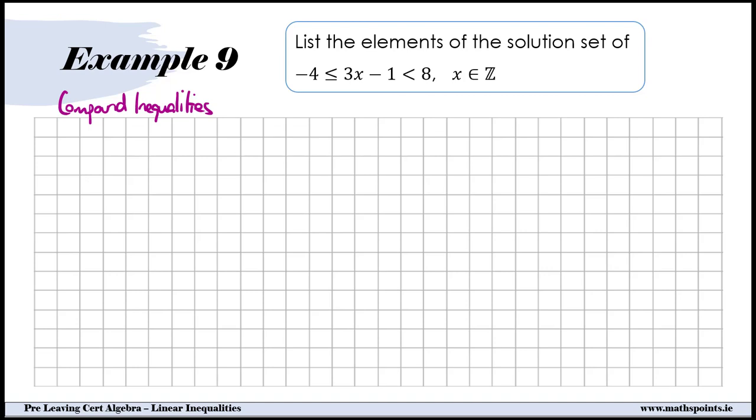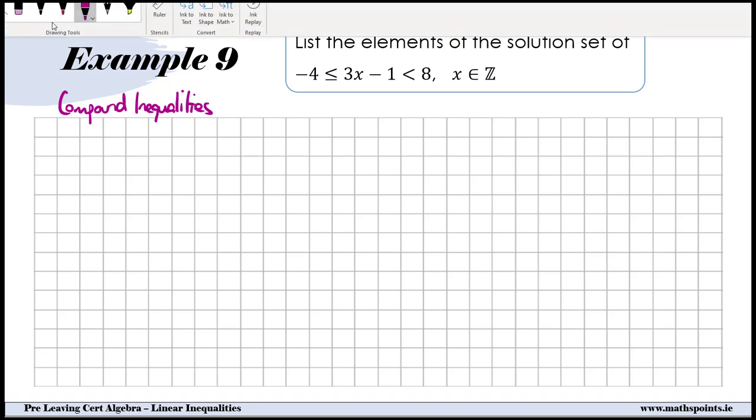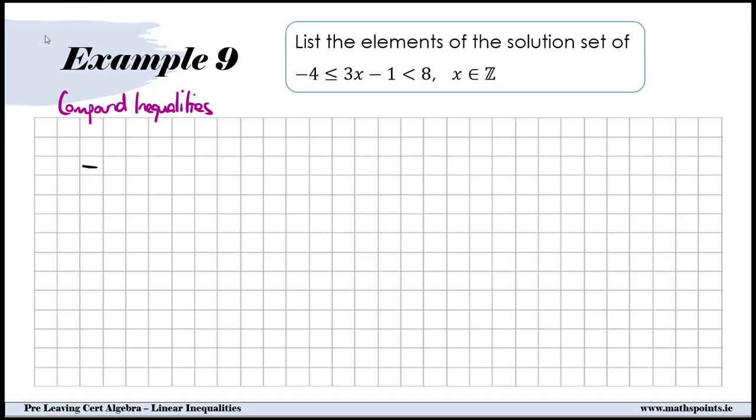So there's a couple of methods to doing this question. I'm going to show you the preferred method I use first, and then we'll have a look at a different method. So minus 4 is less than or equal to 3x minus 1 is less than 8. And again, what we're looking for is values that we could sub in for the x here, so that when we do, this middle part of the inequality would be a number that's bigger than or equal to minus 4 and less than 8.